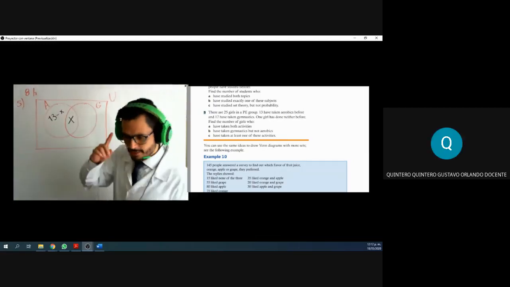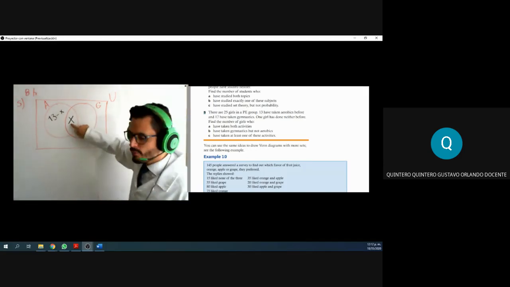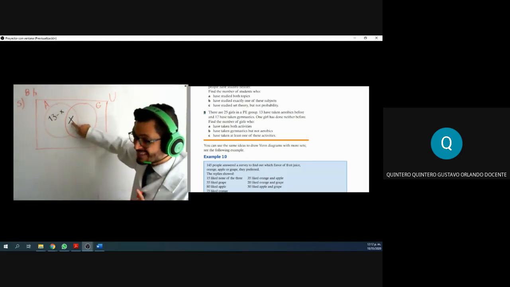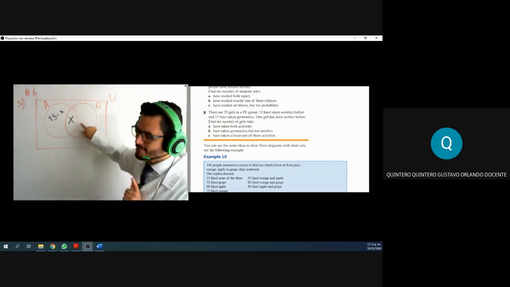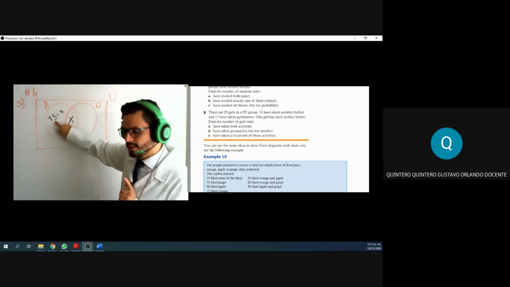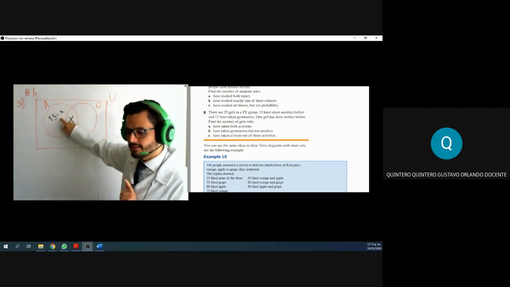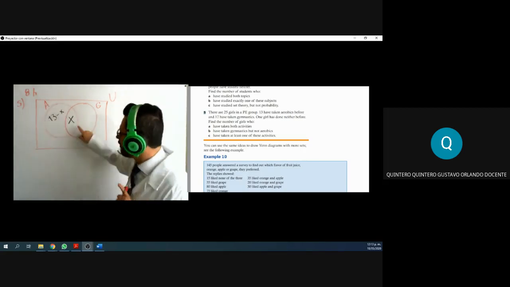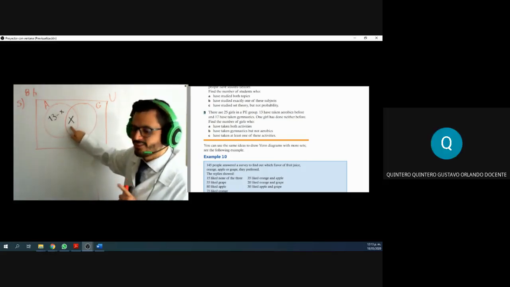Why? Think about it for a second. If X is 1, the intersection is 1. One person studied both. Then outside we have 13 minus 1, so we have 12, right? But if we count the aerobics, we have 12 plus 1, 13.